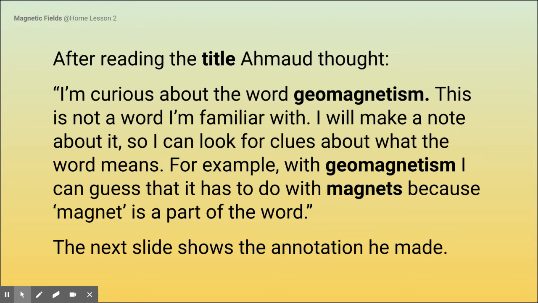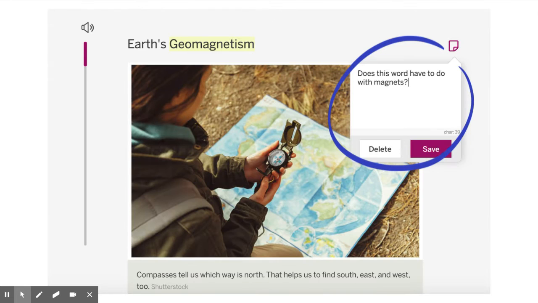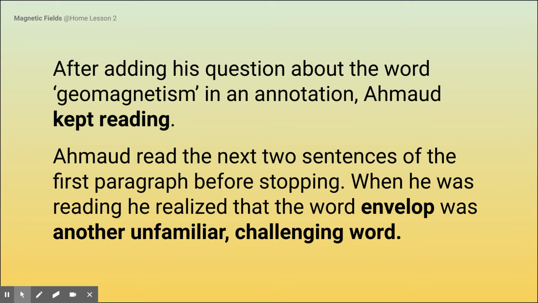For example, with geomagnetism, I can guess that it has to do with magnets because magnet is part of the word. So he identified a tricky word and he's using strategies to try and figure it out. And in his annotations, he wrote, does this word have to do with magnets? After reading his question and the word geomagnetism in an annotation, Amund kept reading.